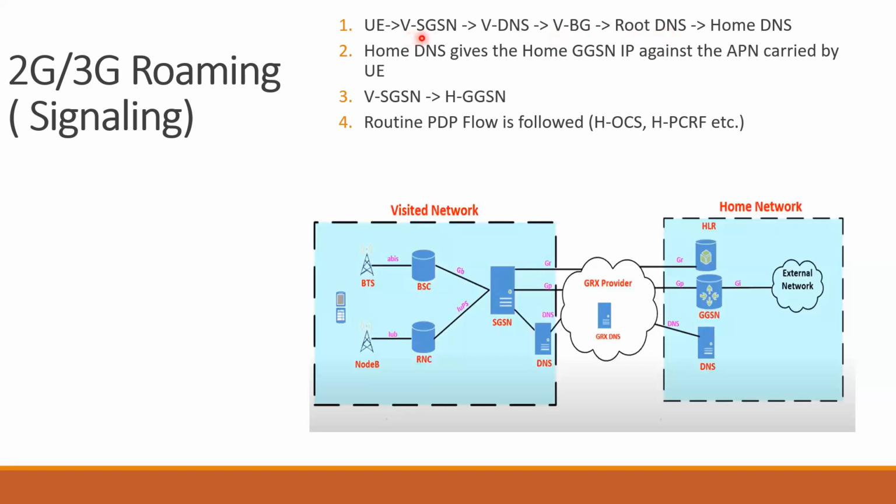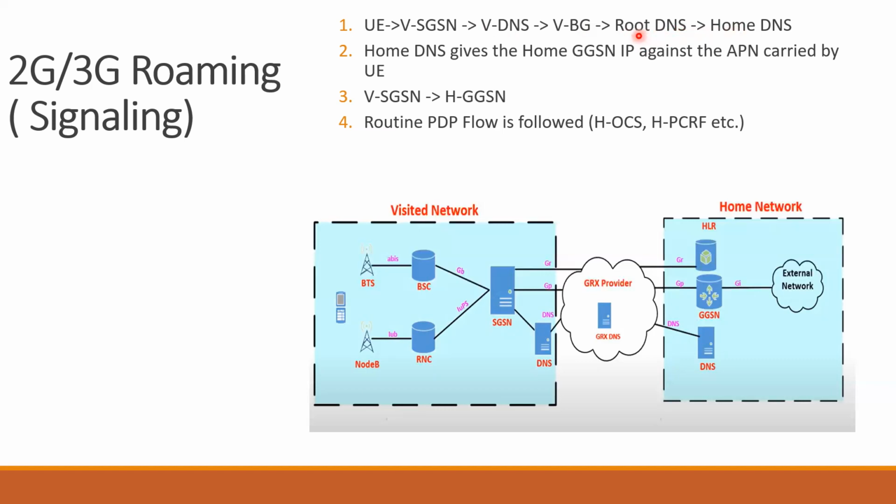So if you are going to create a new APN which may be used for roaming, you need to indicate it to your GRX provider to update in its database that, okay, this APN will be resolved into which specific DNS. So your root DNS is going to provide back the IP address of your home DNS.